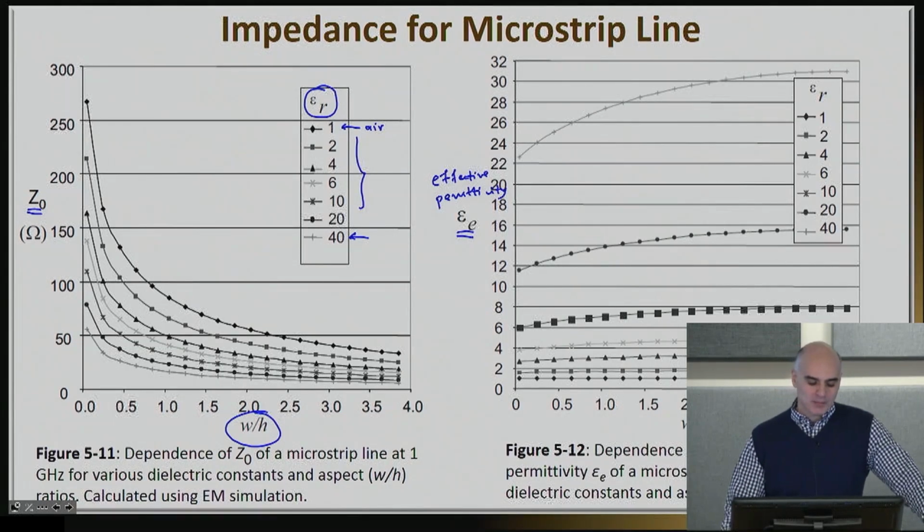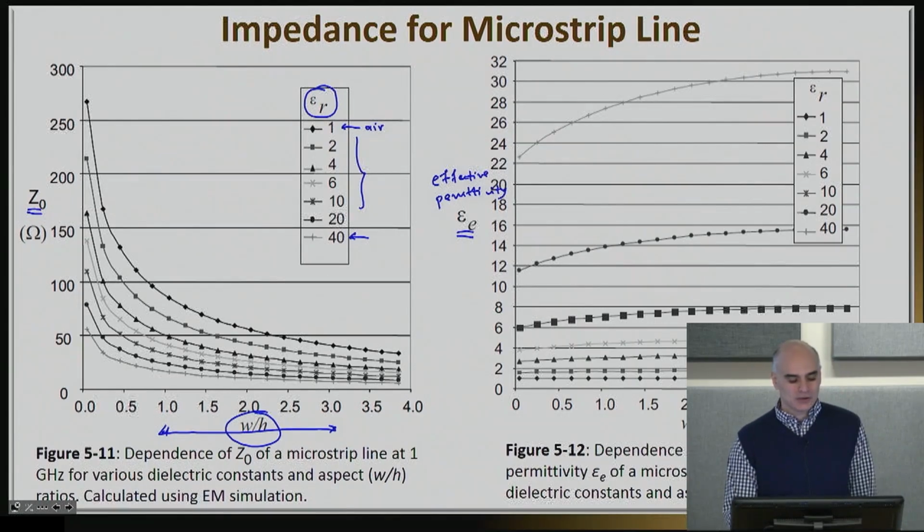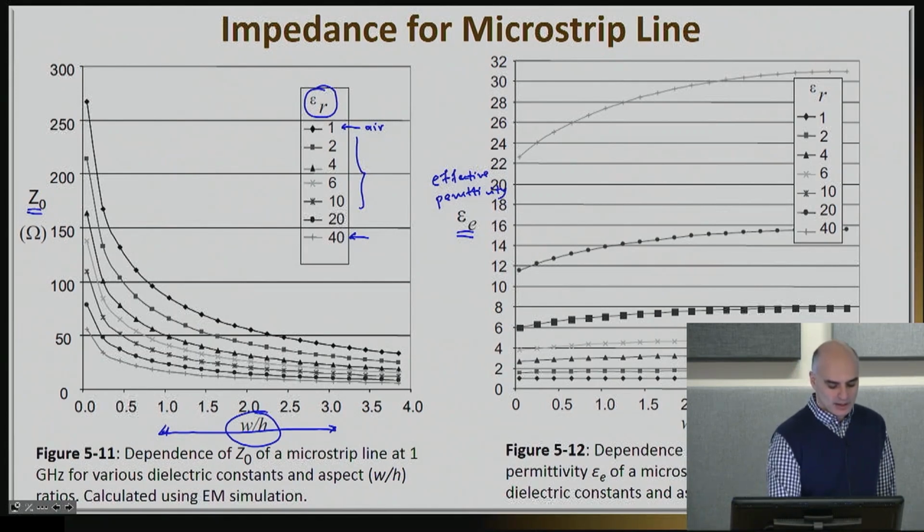So notice, for example, that if your W by H is, let's say, between 1 and 3, then the first thing I'd like you to look at is that your impedances are going to be roughly between, let's say, 10 ohms, maybe somewhere down here, and maybe 100 ohms.